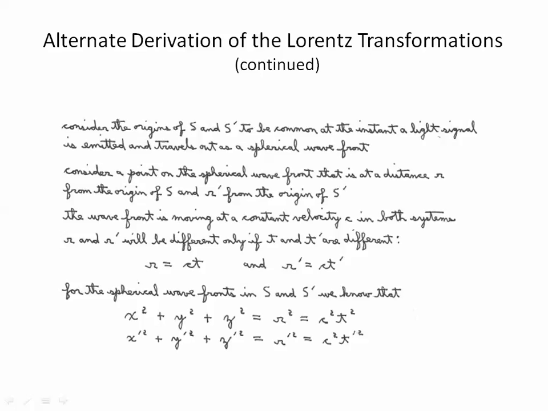The spherical wavefront in S prime is represented by the equation x prime squared plus y prime squared plus z prime squared equals r prime squared, also equal to c squared times t prime squared.